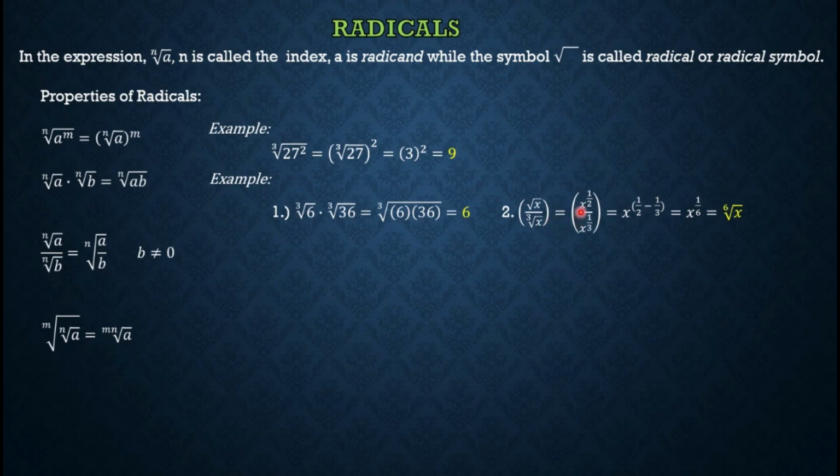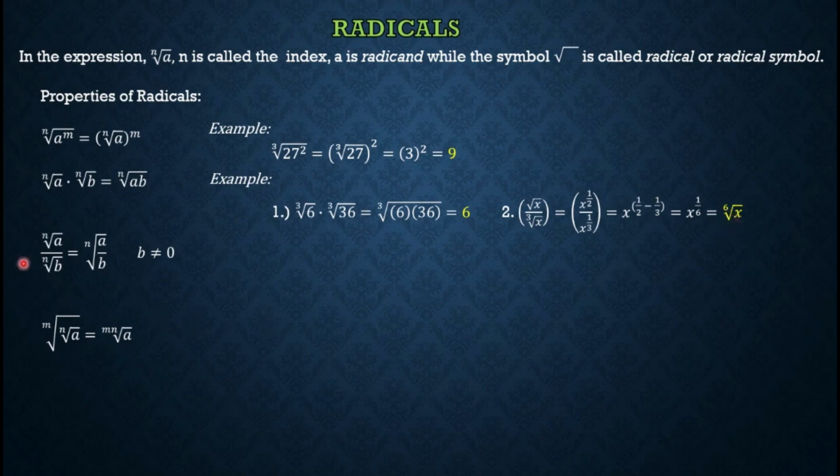So it becomes x to the power 1/2 over x to the power 1/3. So what is the exponent here? So subtract, because this is division. So equals x to the power 1/2 minus 1/3. So we subtract the exponents, no. So then the final answer is the 6th root of x.